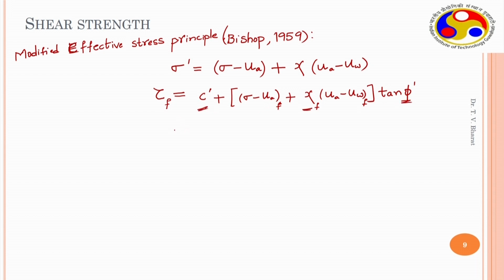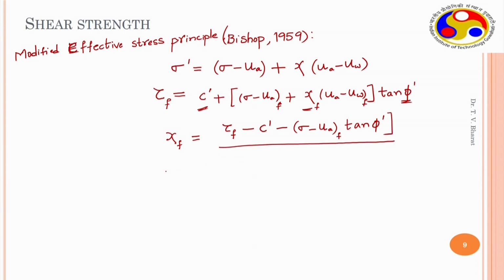So, xi F can be written as tau F minus C dash minus sigma minus UA tan phi dash, divided by UA minus UW into tan phi dash.